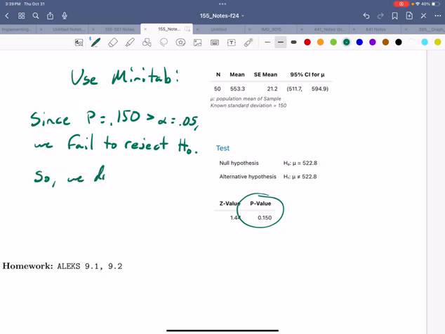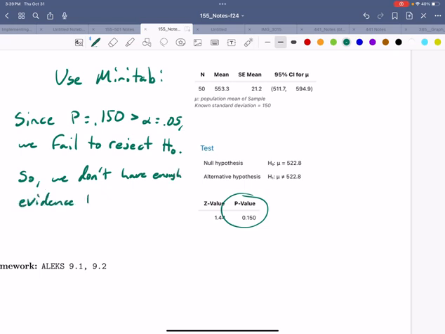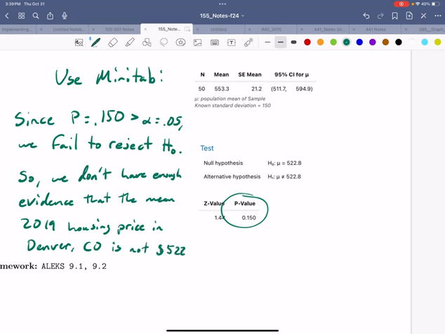So in English, right? We don't have enough evidence that the mean 2019, right, because we found the sample in 2019, housing price in Denver is not 522.8 thousand.